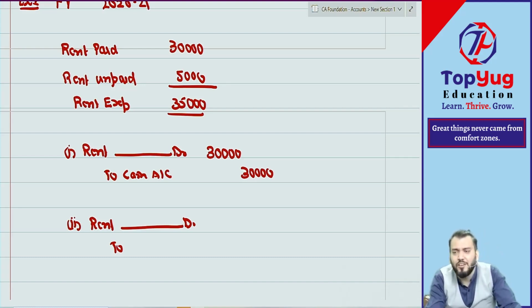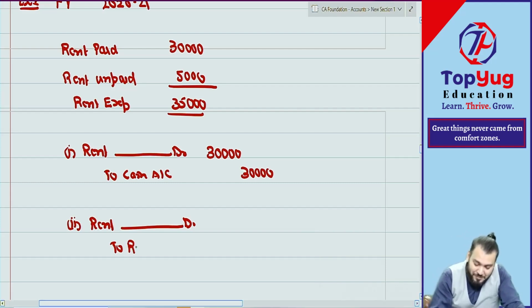And if the party account is not known, you will use outstanding rent account, or better, rent payable account. That is the more appropriate name. Outstanding rent is not the correct name. You can use it, but rent payable is simple.